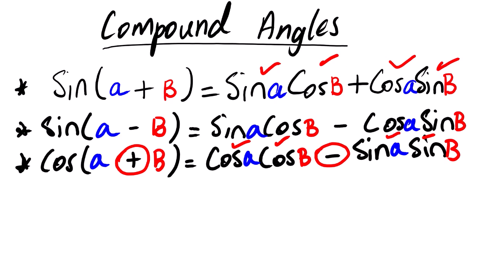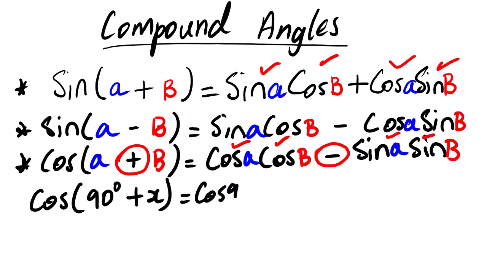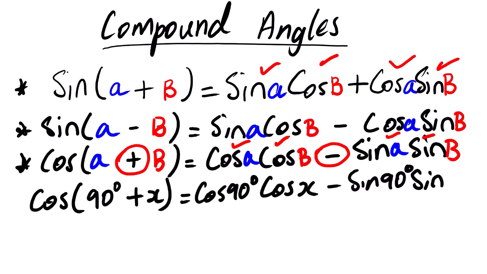So for example, suppose we are looking for cos(90 + x). This is the same as cos 90 cos x minus sine 90 sine x.